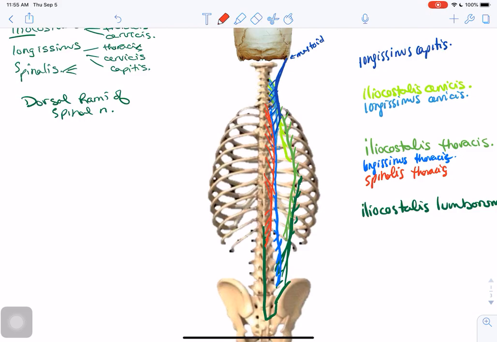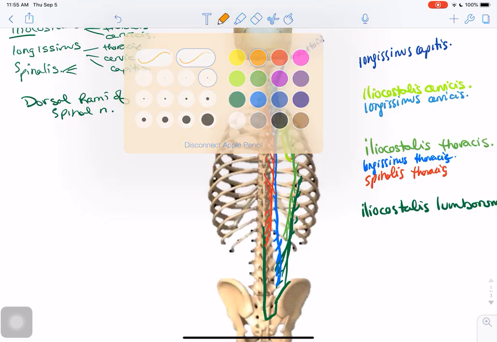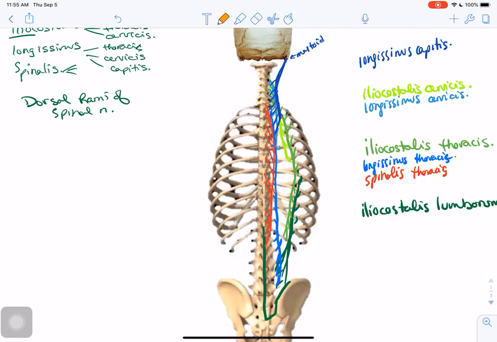There's also a spinalis cervicis muscle. It is pretty variable. Everyone will agree that it does not attach to the atlas, but exactly how high up seems to be quite variable. So it usually takes origin from maybe T1 or T2 spinous process and goes up to C2.